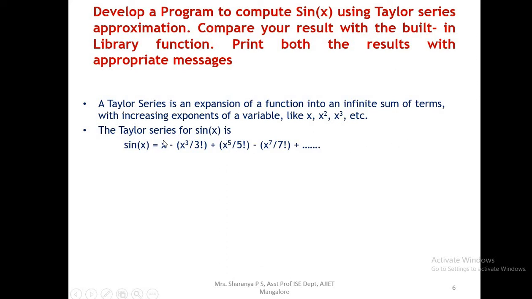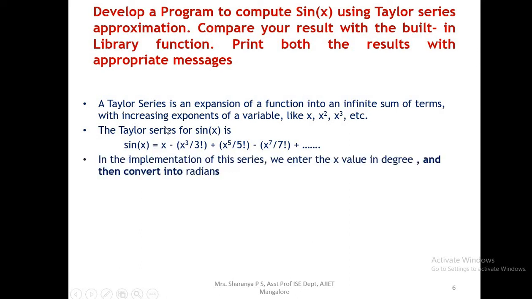Like this it continues. One main observation that we could make is there are alternate minus and plus symbols, and here x refers to the number and its cube divided by 3 factorial. Like this, for each odd number this denominator is referred.